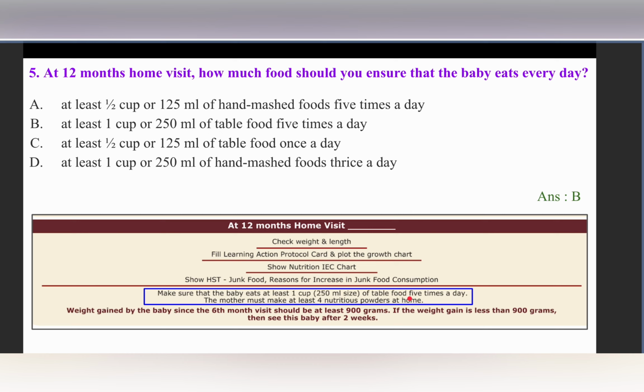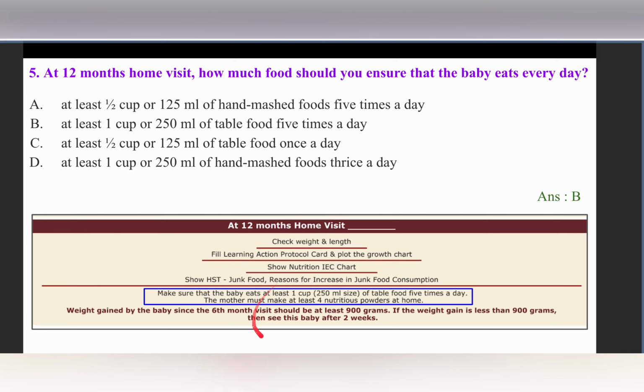And now the frequency, we have just discussed that an 8-month-old child should have food at least 4 times a day, right? Now the 12-month-old child requires food 5 times a day. So it is 250 ml or 1 cup of normal food that the entire family is having, and also 5 times a day, right?